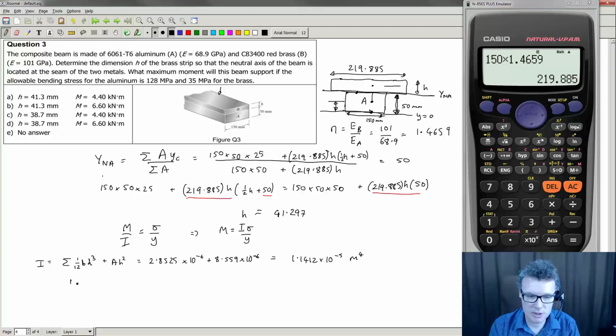So for the bottom section, for the aluminium, you want to take your I value, so you've got the 1.14 times 10 to the minus 5. Then you want to take the stress from the question, so that's the 128 times 10 to the 6.